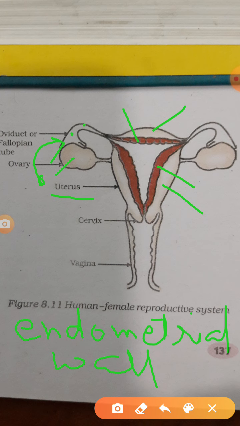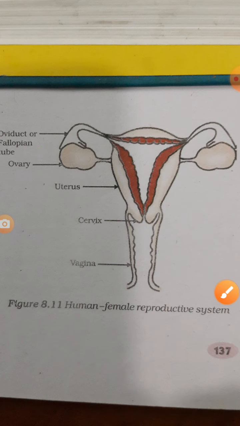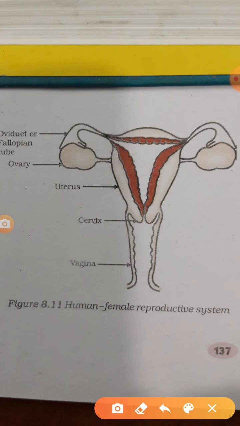In female reproduction, especially in human beings, one egg is produced, only one egg in one month. Either this or this, any one ovary will produce one egg. That egg will be received by this funnel and then it goes forward.